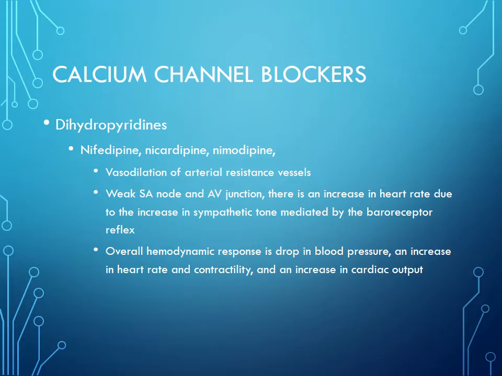I just want to clarify. Baroreceptors or chemoreceptors? Baroreceptors, thank you. What happens at the baroreceptor? So they sense the change in the diameter of the vessel, and they send a signal to the medulla.